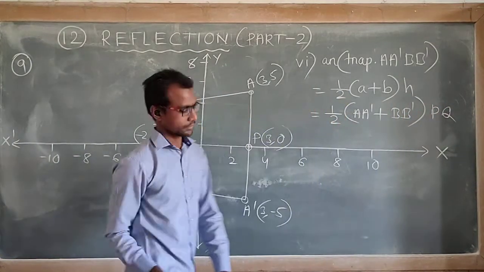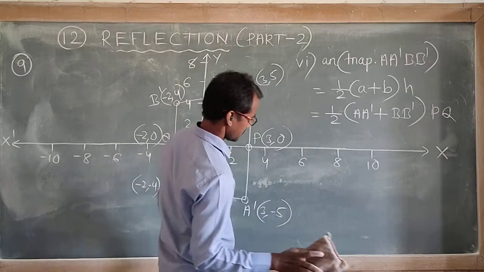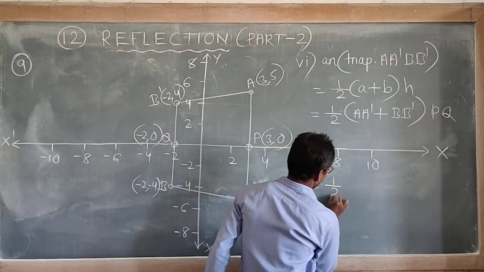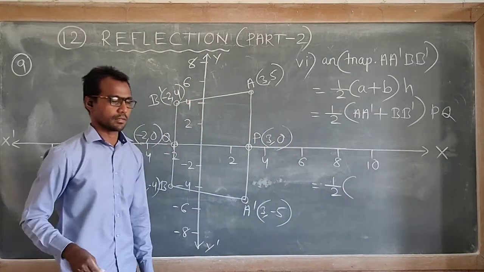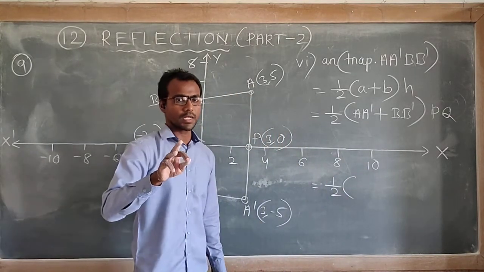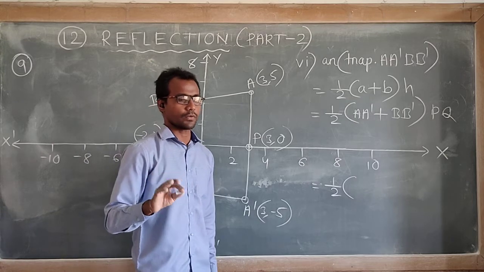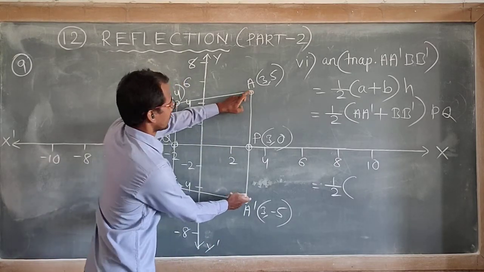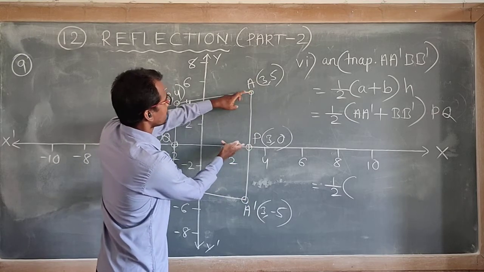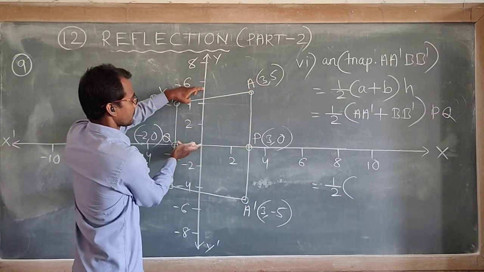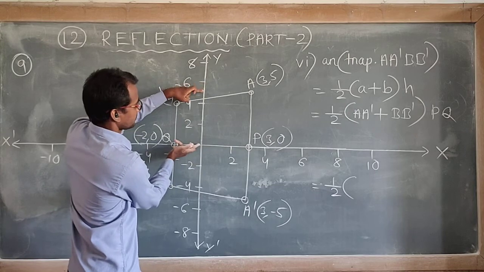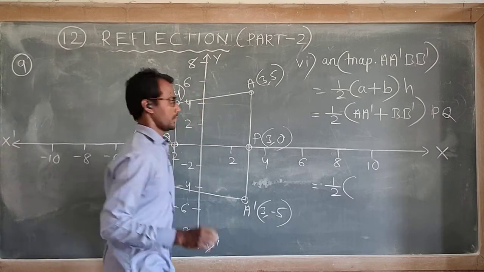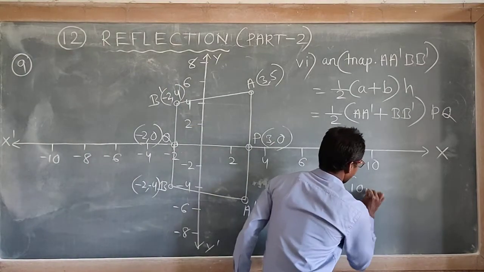Which is equal to half into what is A dash. You don't have to use scale for this. Do not use scale for this. Use your graph calculator. What is this distance? 5. This is also 5. So 5 plus 5 is 10. So A dash is 10.